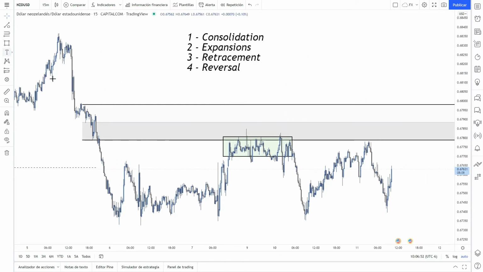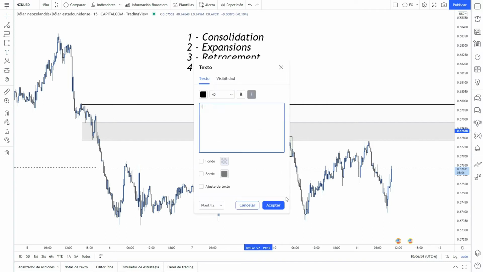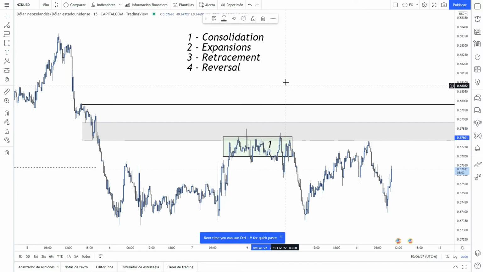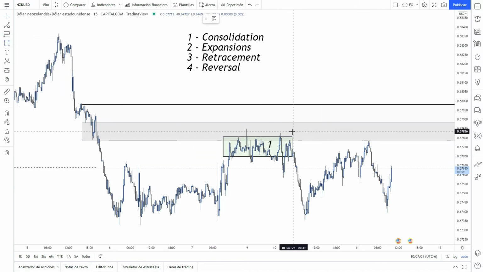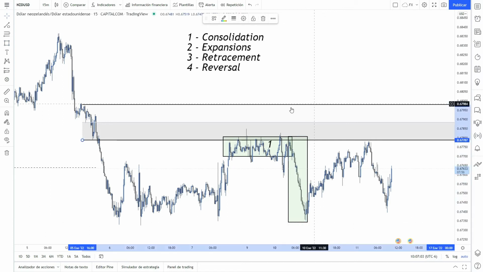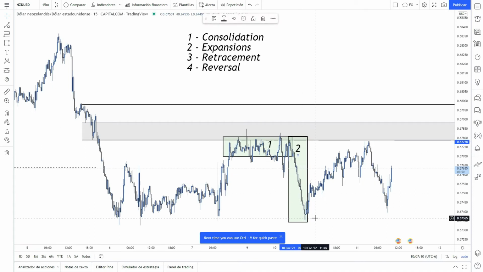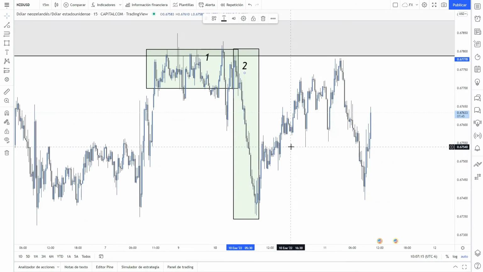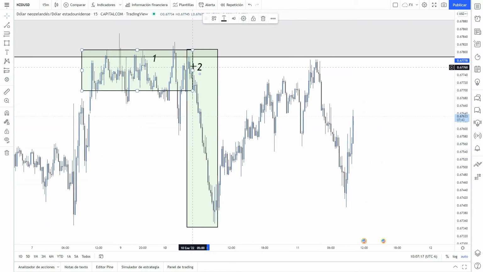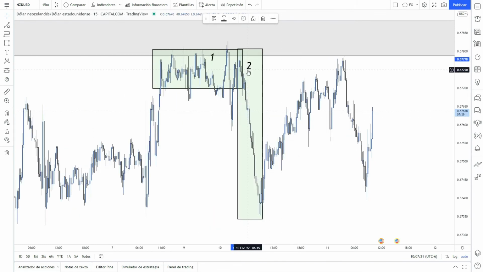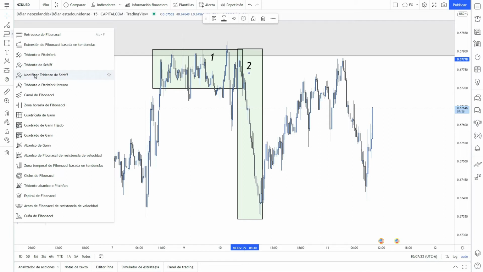Number 1, consolidation. Number 2, expansion. This is our number 2 phase. Then it will retrace. It will retrace to the level which was responsible for creating the expansion. Basically, this level.